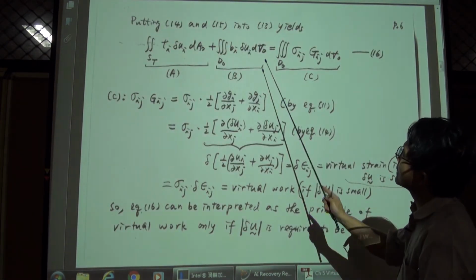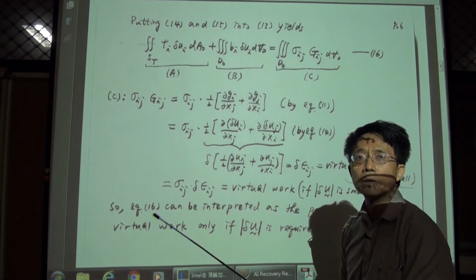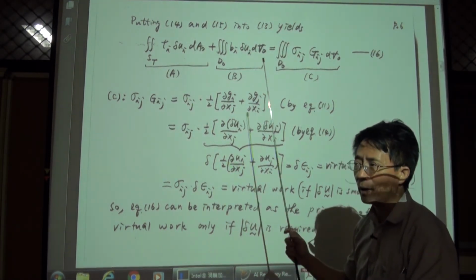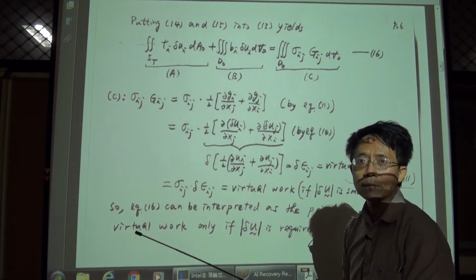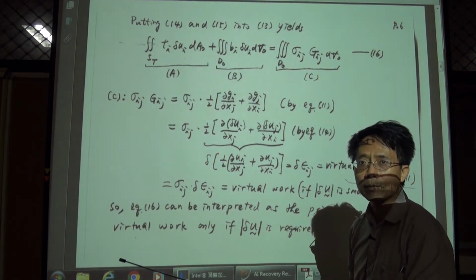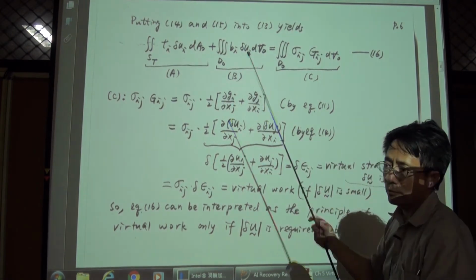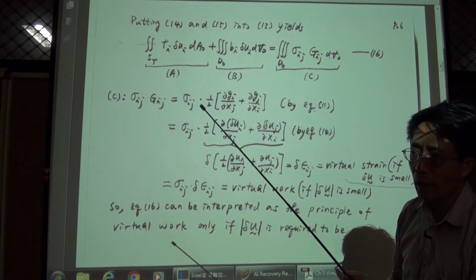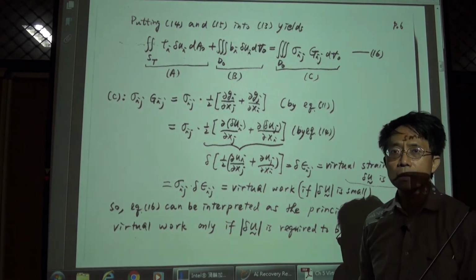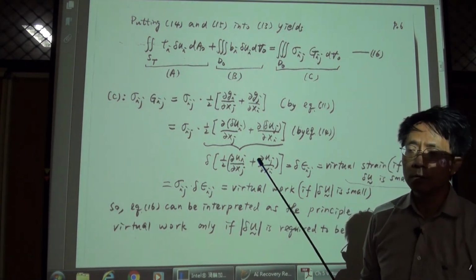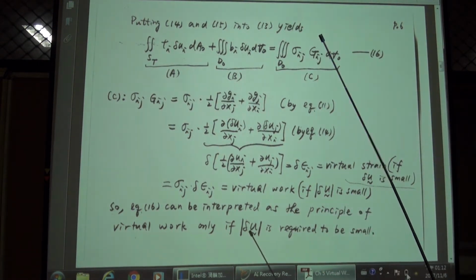We can take this relation just as a pure mathematical equality, and then apply it to do some calculations without considering any concept of virtual displacement. We can replace delta ui by gi without any trouble. So if we only care about the mathematical calculations, we don't need to think that it is the virtual displacement.